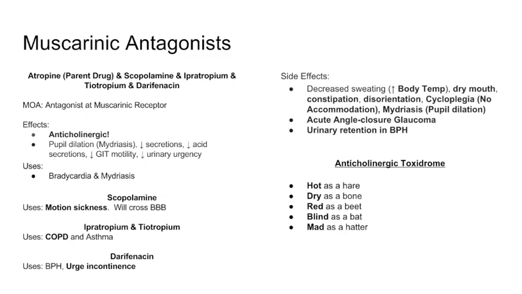Hot being the decreased sweating, red also from decreased sweating, blind because your pupils are dilated so you can't really see, and mad as a hatter is the disorientation. And I apologize, dry as a bone would more so be for the dry mouth and the inability to secrete any fluids. So that's one that's helpful for remembering some of the side effects of the antimuscarinics.